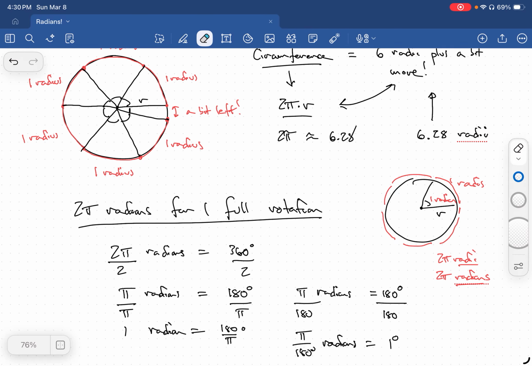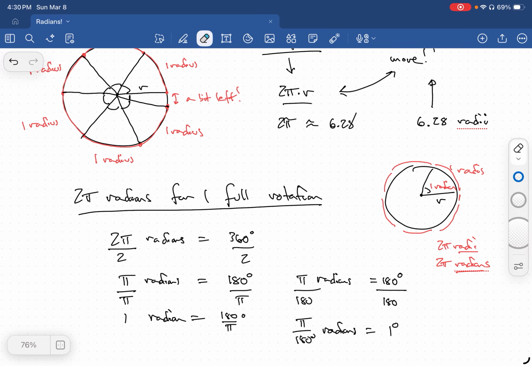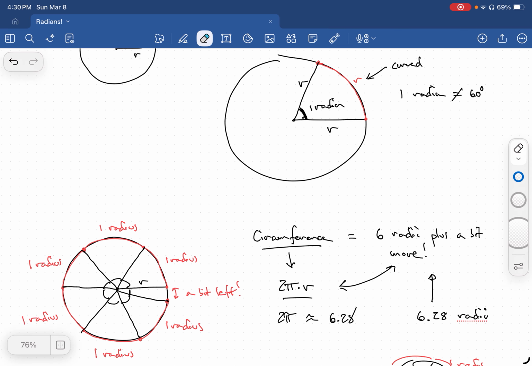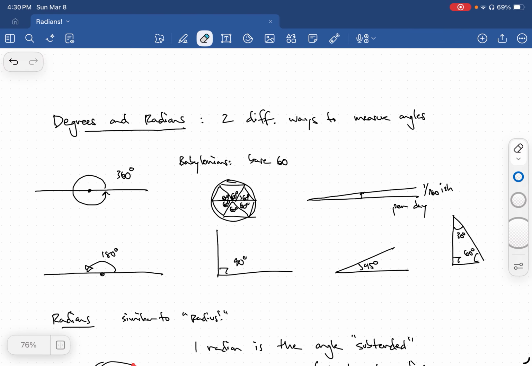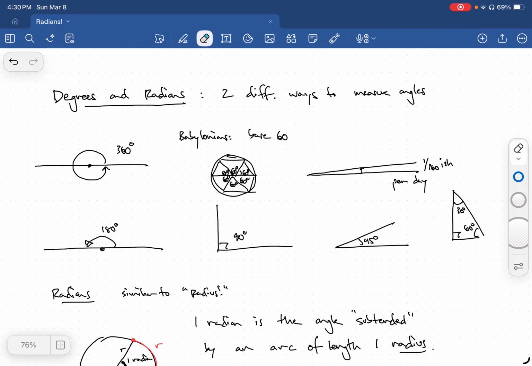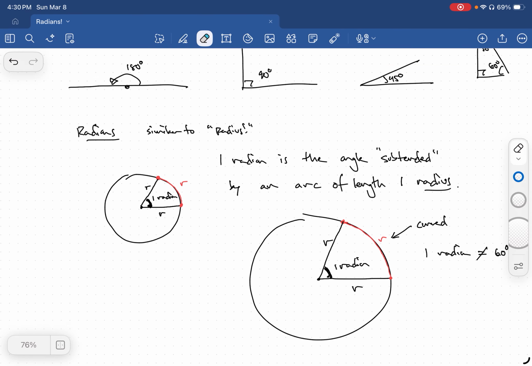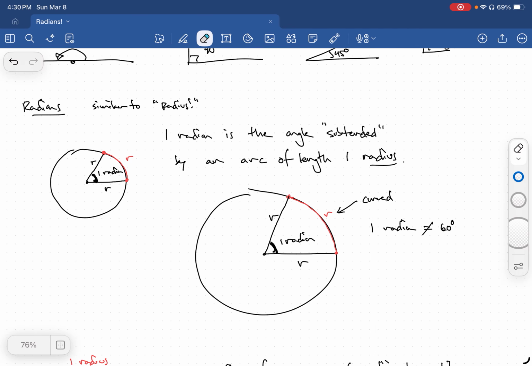Okay, so this all will probably feel a little bit confusing to some of us, and that's okay. But I want to remind you that what we've talked about so far is, first of all, degrees. That degrees are a bit arbitrary, and they can be useful, but in later mathematics, we need a different system. 360 degrees to the full circle. We talked about radians. 1 radian is the angle subtended by an arc of length 1 radius, the central angle there. And so you can see 1 radian is fairly close to 60 degrees.